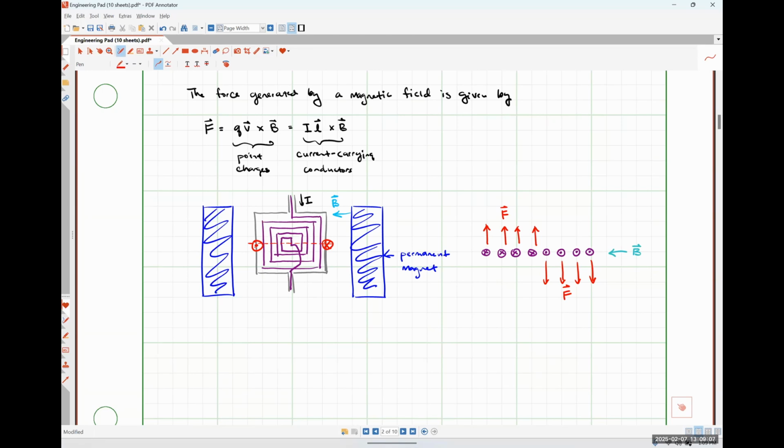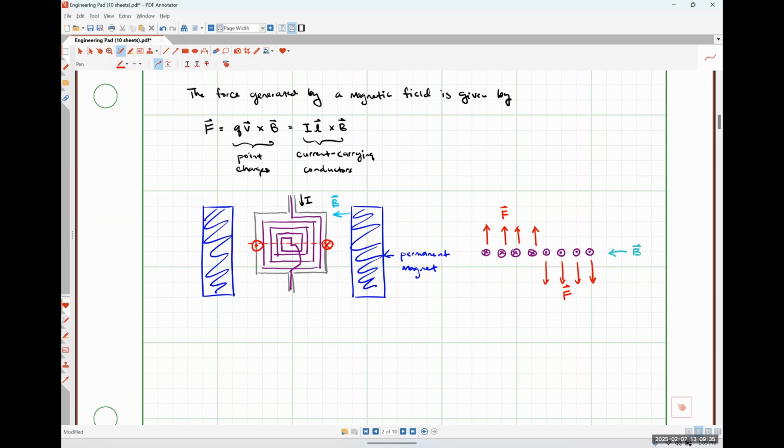So if current is flowing down, we would have a deflection towards the right. If current was flowing up, we would have a deflection towards the left. And we can use this simple optical structure to scan a particular range or field based on how much current we're driving through this guy. So this is a magnetically actuated optical scanner, okay?